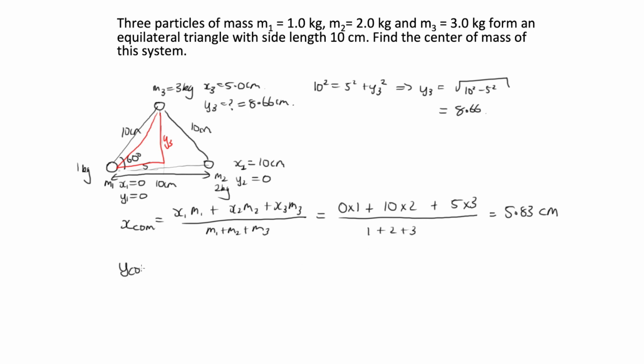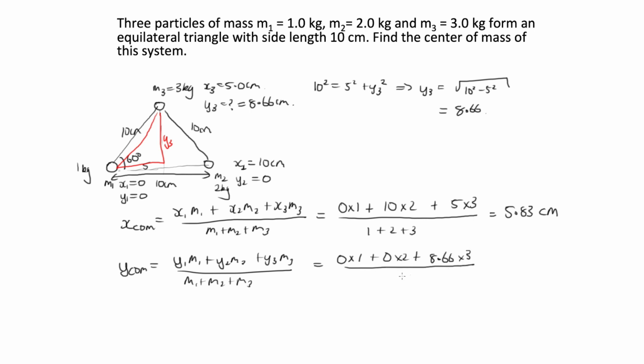So the y for the center of mass is equal to y1 m1 plus y2 m2 plus y3 m3 over m1 plus m2 plus m3. And this is equal to 0 times 1 plus 0 times 2 plus 8.66 times 3, divided by 1 plus 2 plus 3, which is 6.